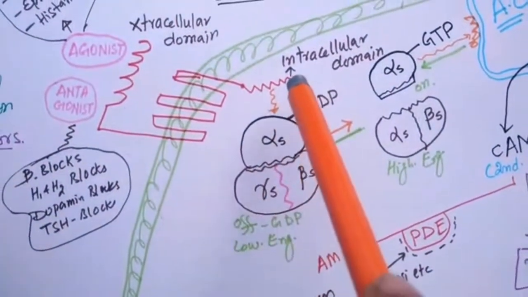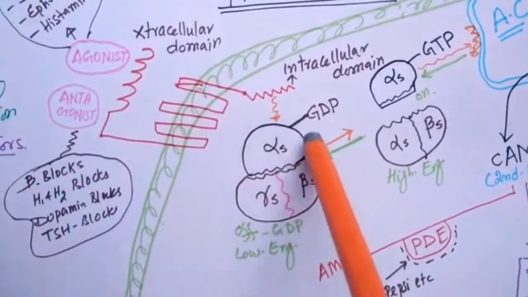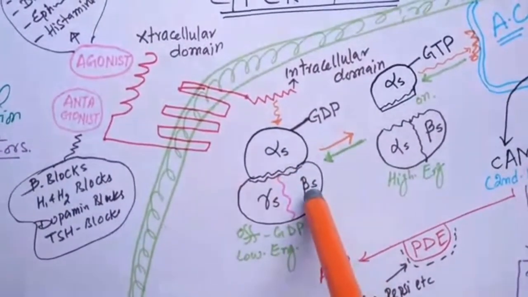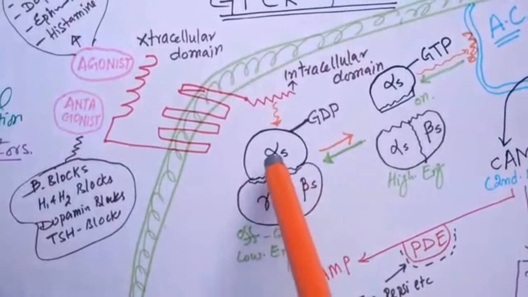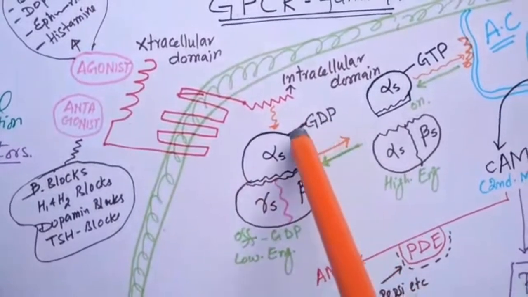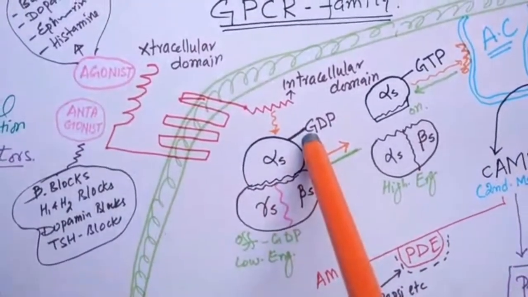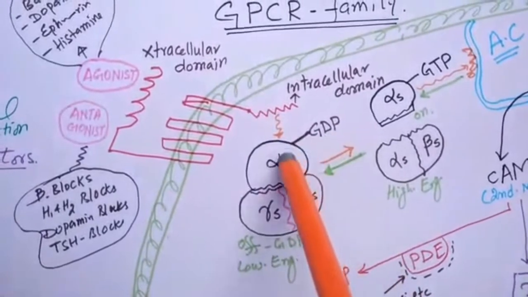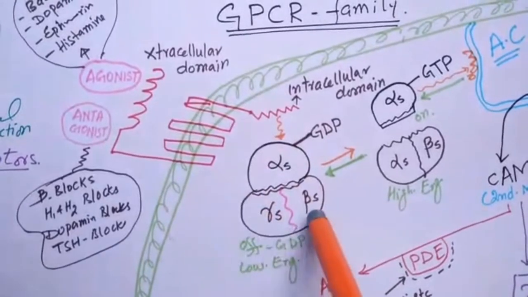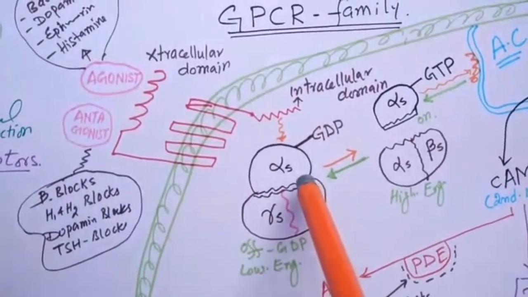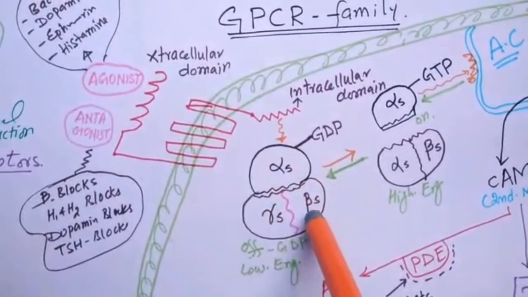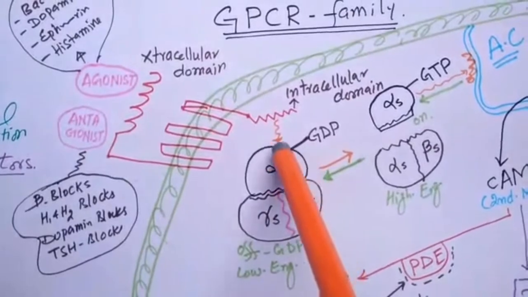Look, before the activation, this GS protein is in trimeric form. One unit is alpha S, next beta S, next gamma S. When alpha S has GDP, guanine diphosphate, it is found in trimeric form, and this form is known as the off form, or the lowest energy status.